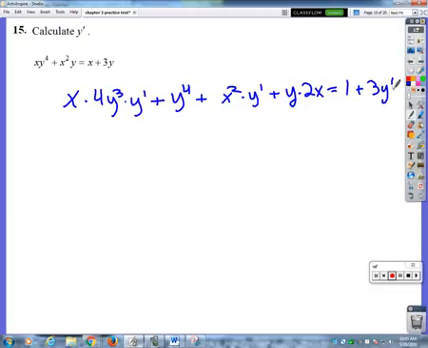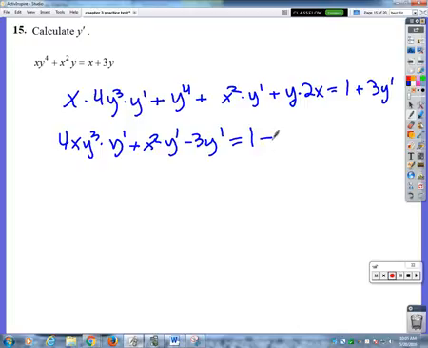So this becomes 4xy cubed times y prime. This is x squared y prime. And this is negative 3y prime. And this 1 is going to stay here, minus y to the 4th minus 2xy. I think I got them all.